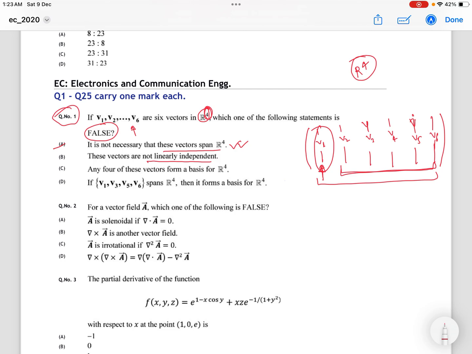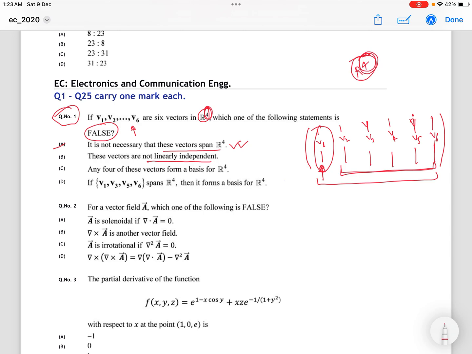That means none of the vectors depends on any other vector. Then all of these would span more than R4, right? More than R4.